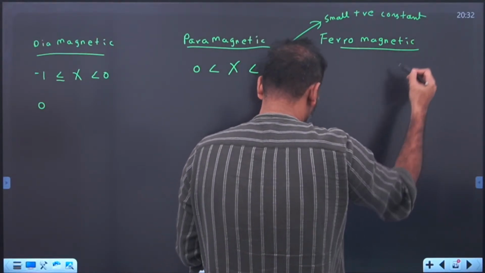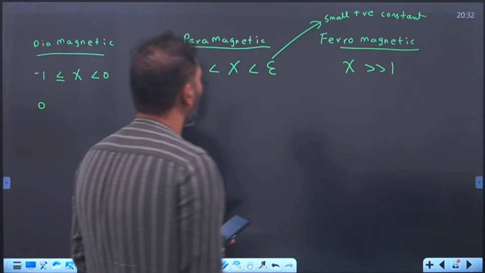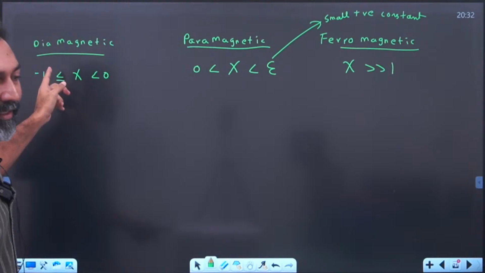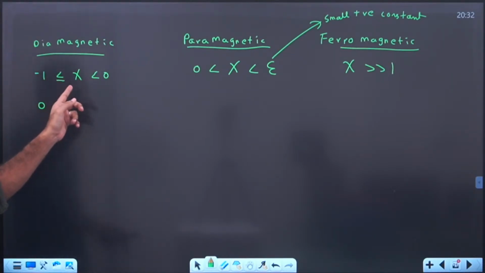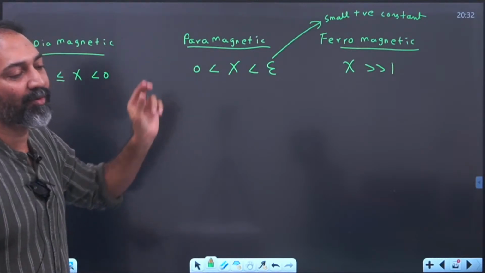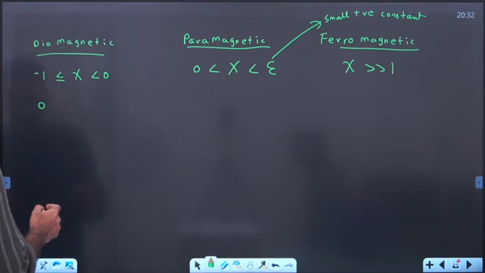And for ferromagnetic, chi is much greater than 1. So, chi for diamagnetic is between -1 and 0, for paramagnetic between 0 and a small positive number, and for ferromagnetic a very large number greater than 1.